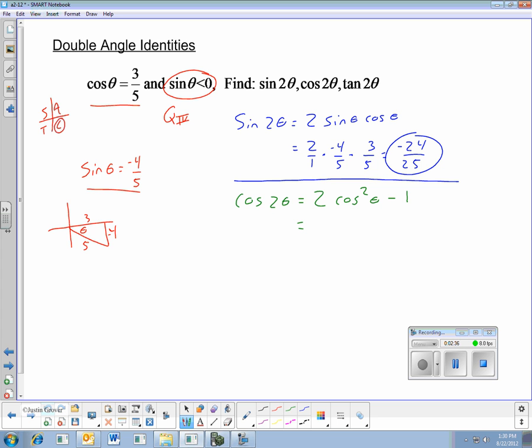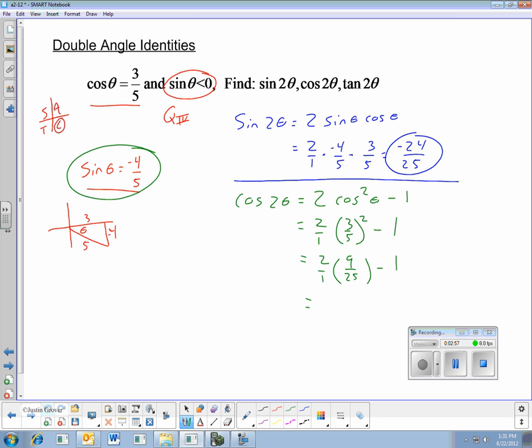So I actually don't need the sine value here, but I did for the other one, so it's good that I had it. So this has 2 over 1 times cosine squared, see cosine is 3 over 5, and we're squaring that, minus 1. So 2 over 1, 3/5 squared is 9 25ths, minus 1.